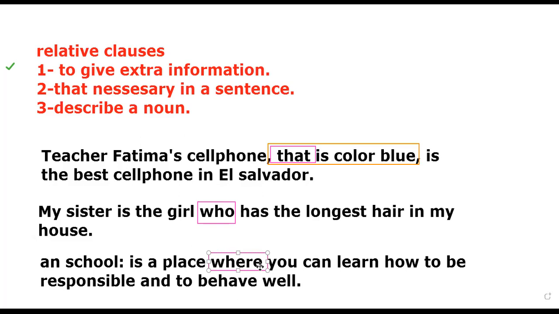You can describe too. To give extra information about something or someone.